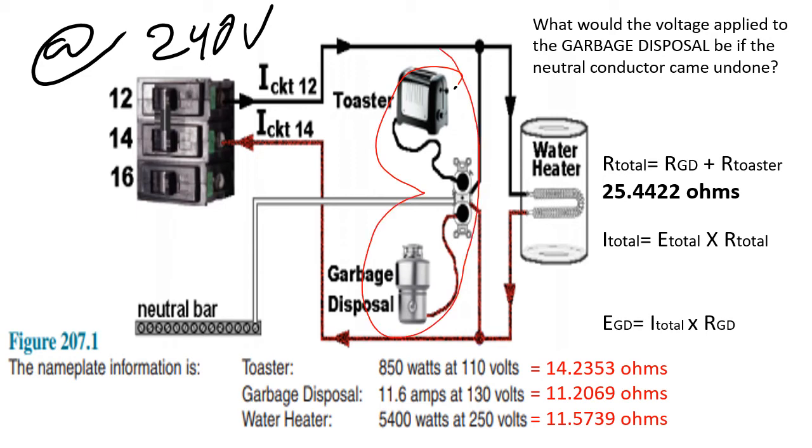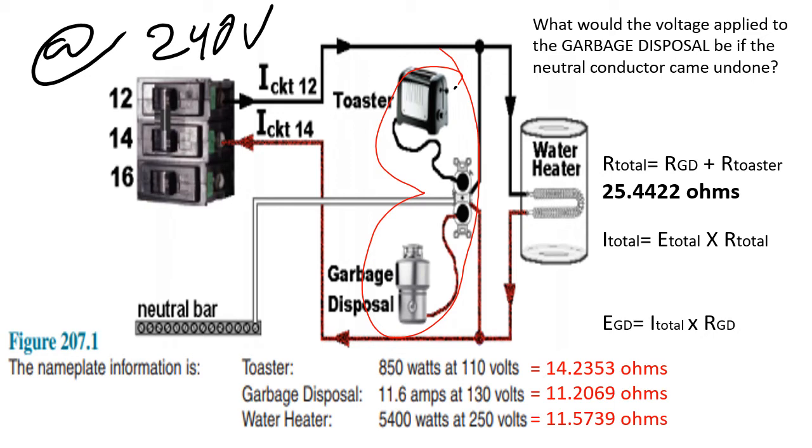Once I've determined the overall resistance between the two loads in question, I then need to compare it to its applied voltage, or its total voltage, in order to get the total amperage that I would have between the two devices or appliances.